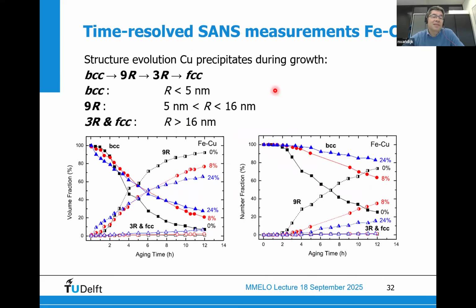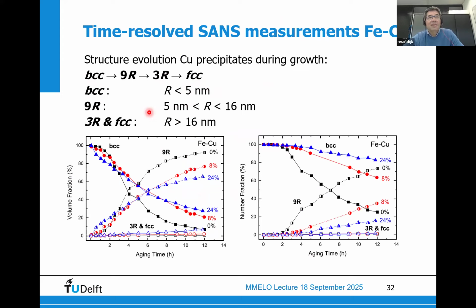Now, according to the literature, there are different steps in the precipitates. So we don't really see those in the SANS experiment, but from the literature, we know that the steps that are identified happen at specific sizes.